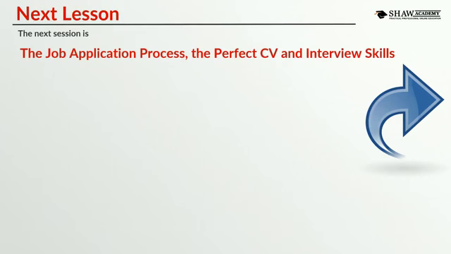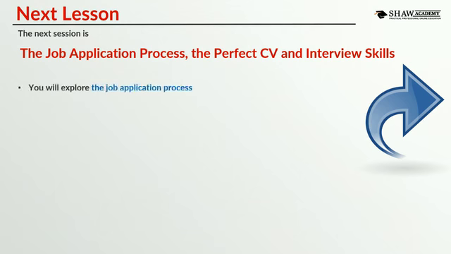Now, guys, the next lesson is the big one, Lesson 6, the job application process, the perfect CV and interview skills. This is always my students' favorite lesson, and for good reason. Many of you are learning English so you can get a job, and we are going to take you through the process from start to finish, from applying for the job to acing the interview.